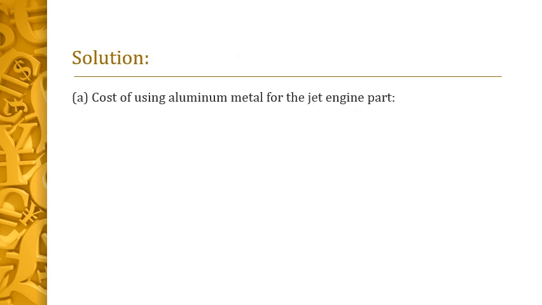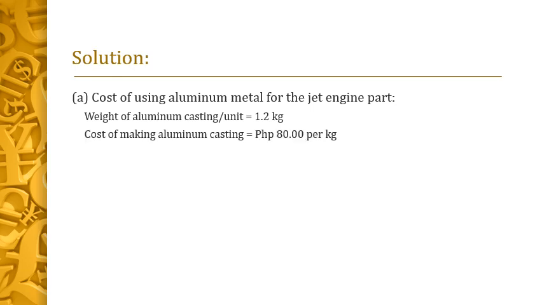First, let's consider the cost of using aluminum metal for the jet engine part. From the problem, it is given that the weight of aluminum casting per unit is 1.2 kilograms. The cost of making aluminum casting is 80 pesos per kilogram. And the cost of machining aluminum casting per unit is 150 pesos.